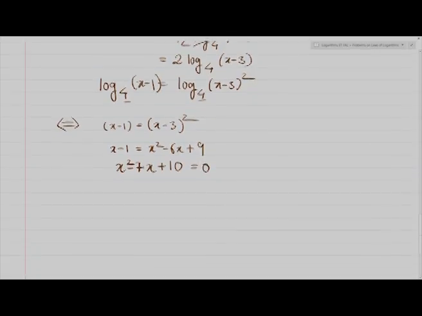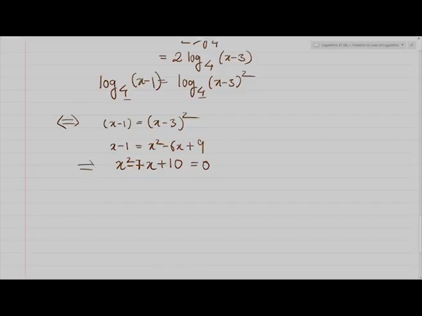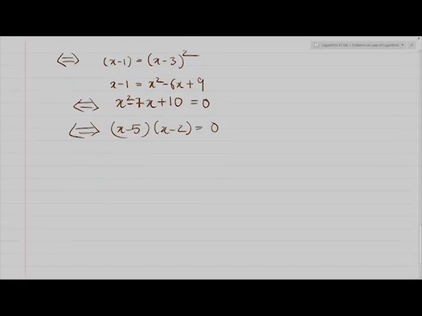And then it is very well known, you can factorize this very easily, which is equal to x minus 5 into x minus 2 is equal to 0, correct. If that is the case, then my x is equal to 5 and 2 are the possible solutions to this problem.